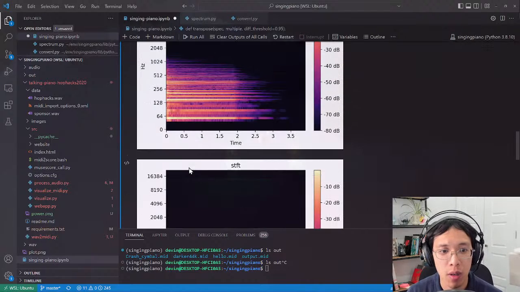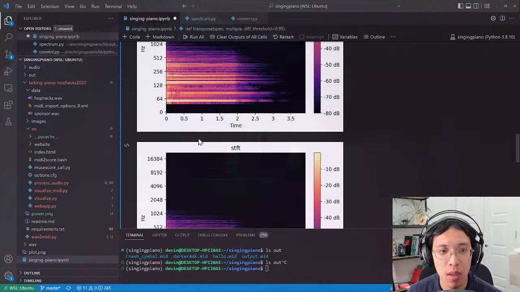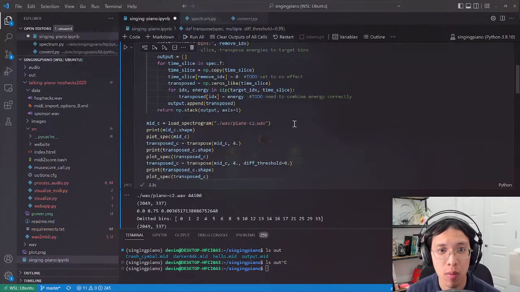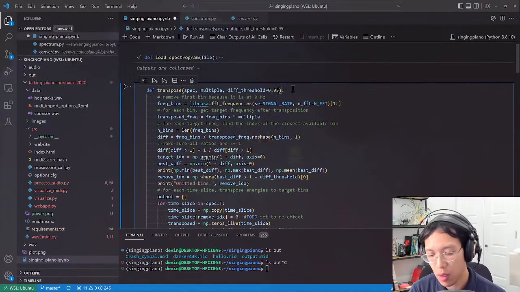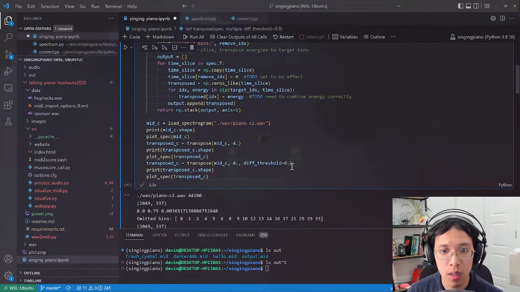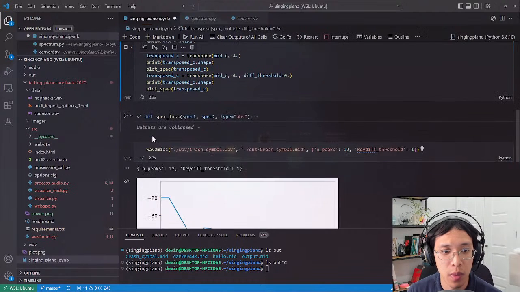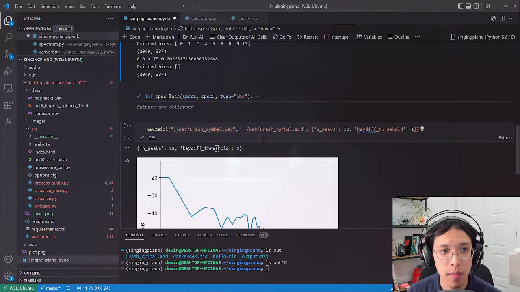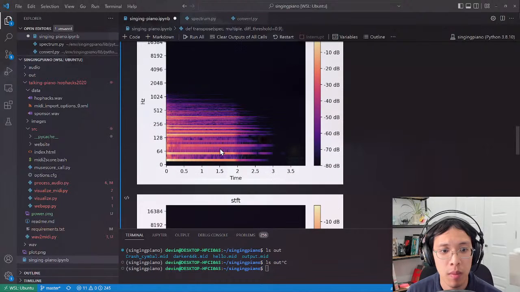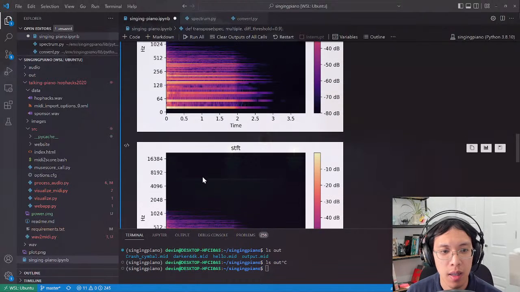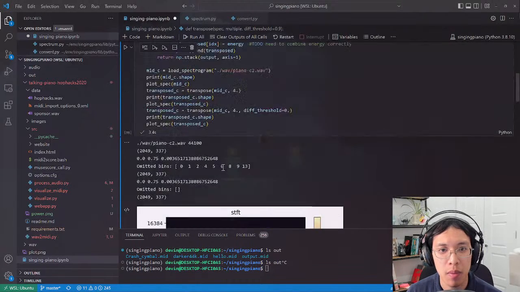Okay, and if we compare them, yeah, you can see that some of these just got completely taken out because they're too different. Basically these bins are too wide, and so now they're too different for this algorithm to match up. So it said, nope, you're not allowed to do that. So let's lower the threshold a bit, make it a little more reasonable again. Okay, so yeah, that seems to make sense to me.